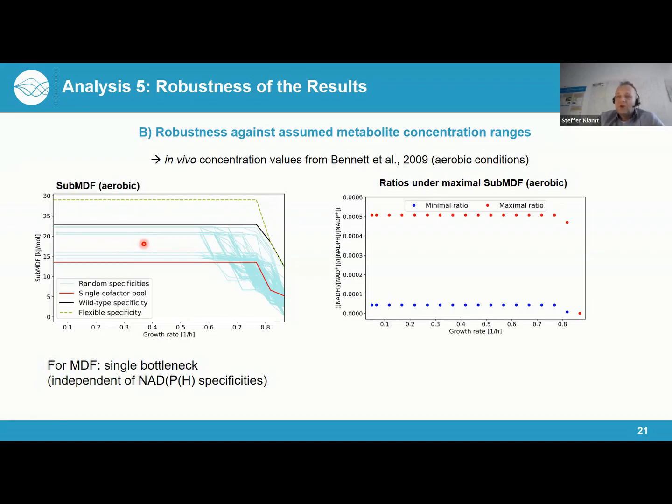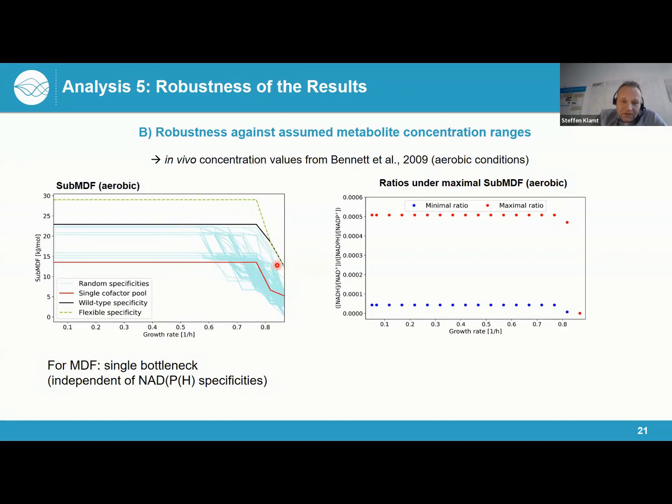because we now want to see what the maximum thermodynamic driving force in the network is when focusing only on the redox cofactor dependent reactions. And again, what you can see is the Y-type specificity is by far better than single cofactor pool specificity, and better than almost all random specificities.